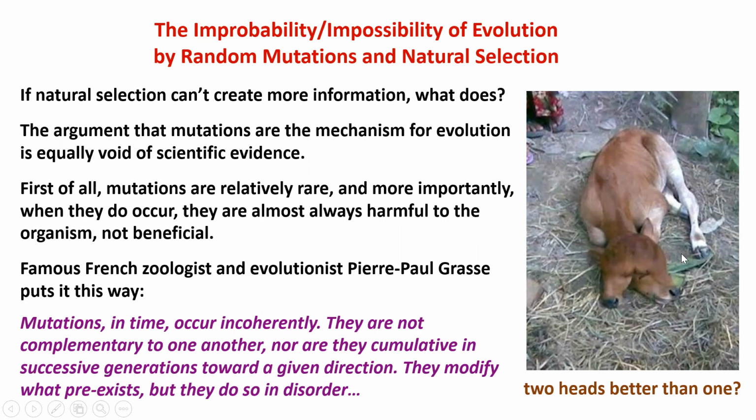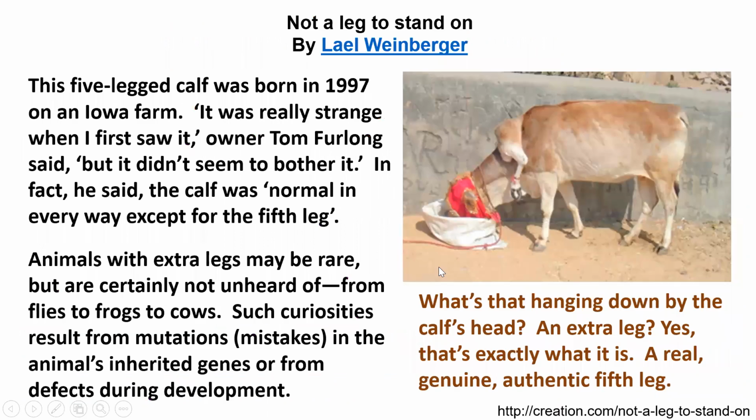So we cannot have a mutation from a reptile into half a reptile and half a bird. It can only mutate what is already there. That means whatever is a reptile, or in this case a calf, it can only mutate certain parts of what is already calf. And it doesn't help. They modify what pre-exists, but they do so in disorder. There's no consistent order.